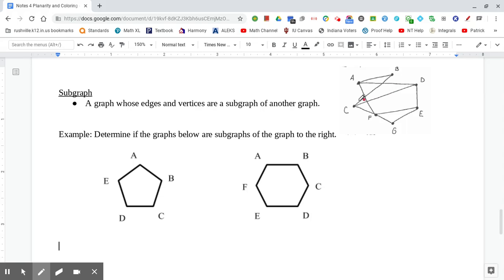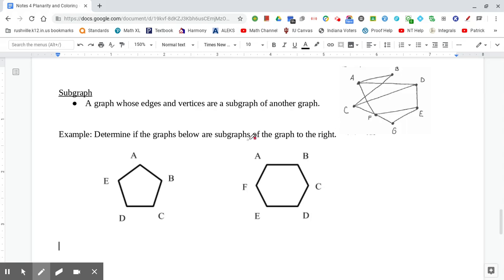Don't go by looks, go by whether this graph contains these vertices, and whether it also contains these edges. It might contain excess, but all of the components of this graph, each vertex and each edge, need to be contained within this graph up here.